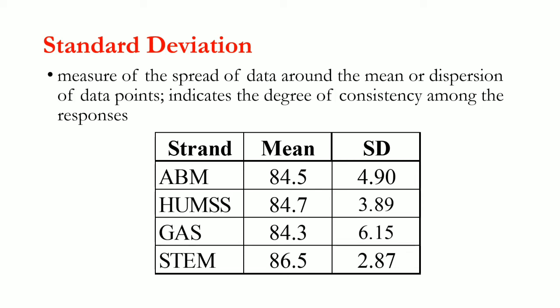So this 6.15 standard deviation means that the average deviation of scores of students under GAS strand from the mean is 6.15. So this is high compared to that in STEM. Smaller means more homogeneous, less heterogeneous.